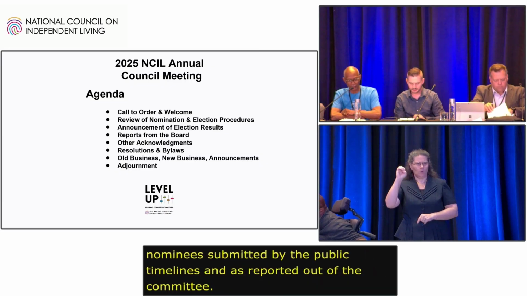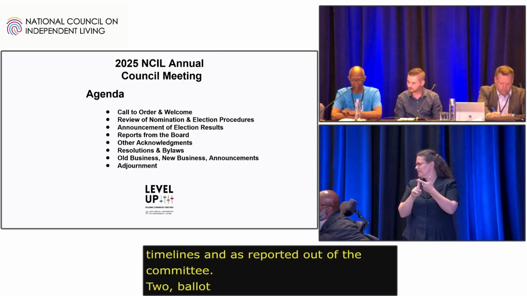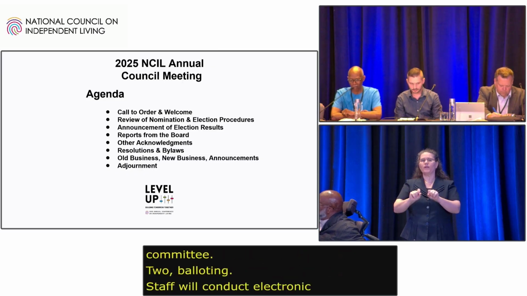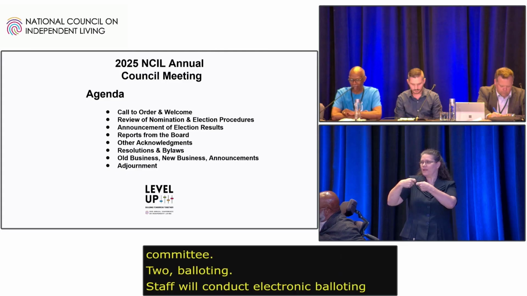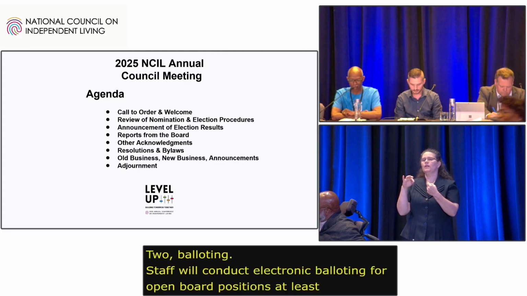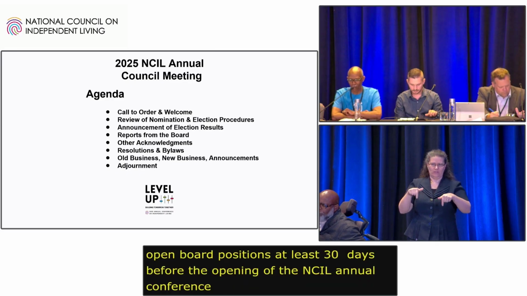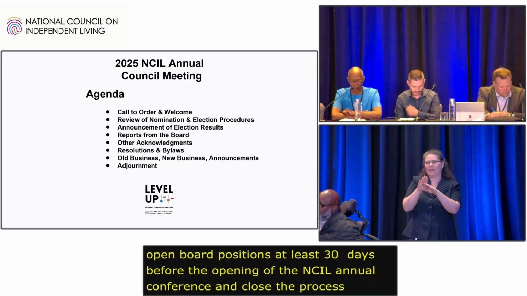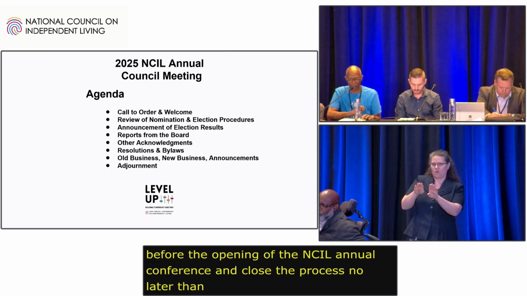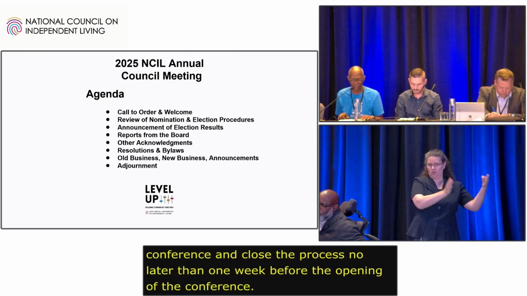Two, balloting. Staff will conduct electronic balloting for open board positions at least 30 days before the opening of the Nickel Annual Conference and close the process no later than 1 week before the opening of the conference. And then third, invalid ballots.